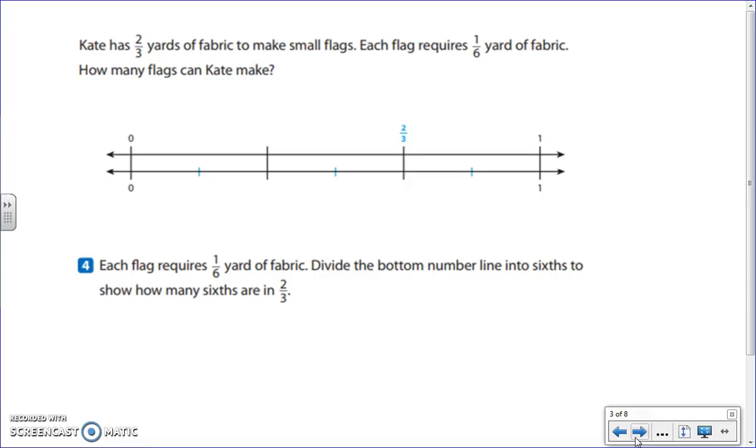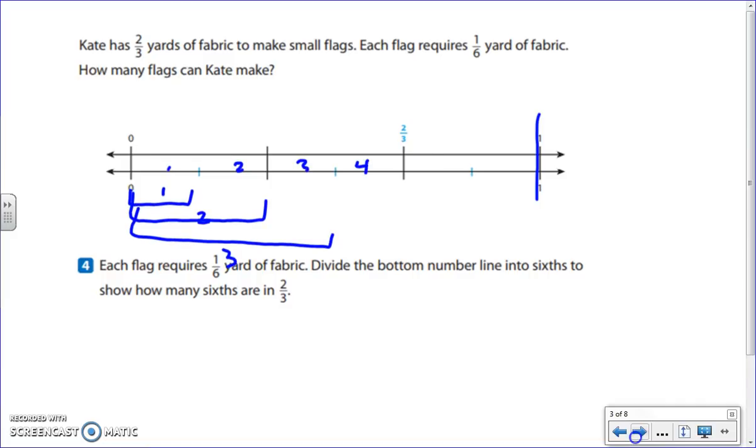If we draw everything to scale, we can compare distances. This is the whole number 1, and this time we separated it into 1/6 pieces: 1, 2, 3, 4, 5, 6 one-sixth pieces in a whole, which makes sense.